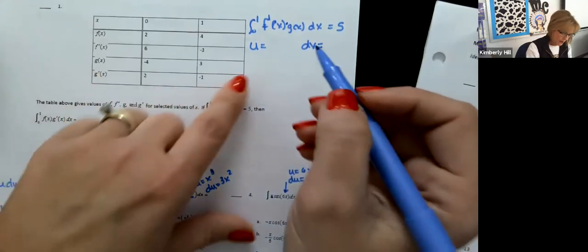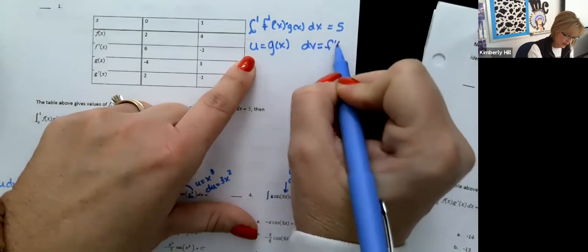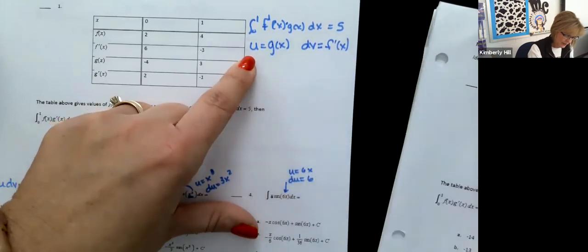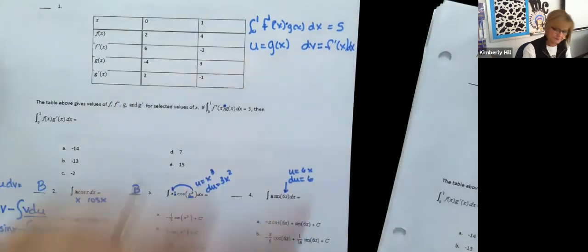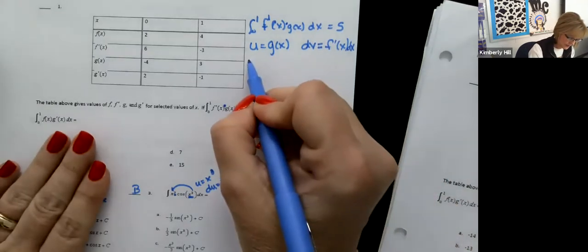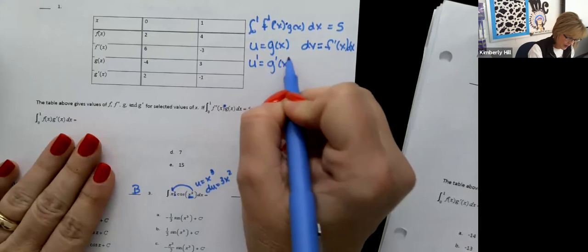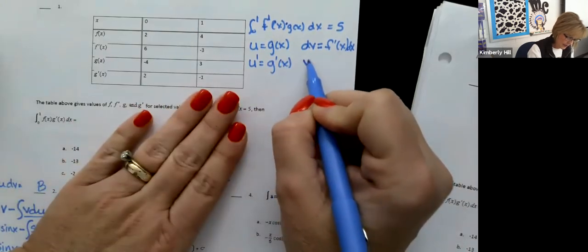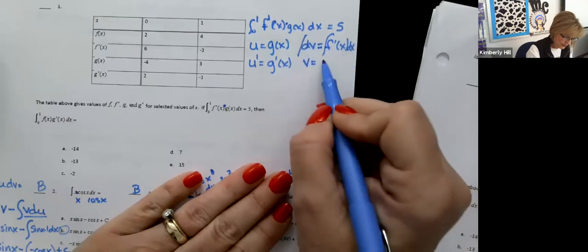So that probably means I'm going to pick g of x to be u and f prime of x to be dv. Go ahead and find your antiderivative and your derivative. So u prime would be g prime of x, and v, if I take the integral, is just f of x.